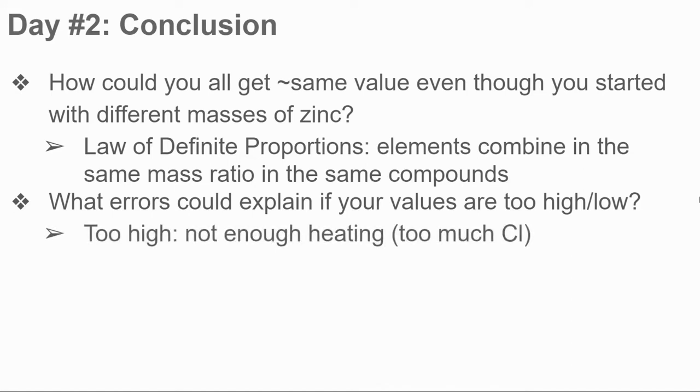For example, if your chlorine was too high, perhaps you didn't heat it enough, and you would think that you would have too much chlorine because your final product would have a greater mass than it should. And because we got chlorine's mass by subtracting the zinc out of the product's mass, you would assume that that was chlorine. But if there was still water in your sample, then you're basically getting too much of a chlorine mass.